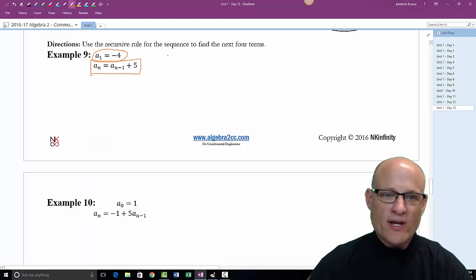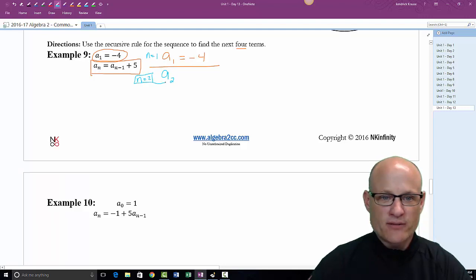Okay? So a sub 1, and we're going to find the next 4 terms. So a sub 1 is given as negative 4. So we've got to find 4 terms after that. So a sub 2. Now here n was equal to 1, but they just gave us this. In this case n is equal to 2 because it's right there.